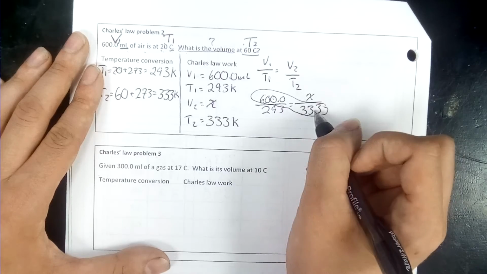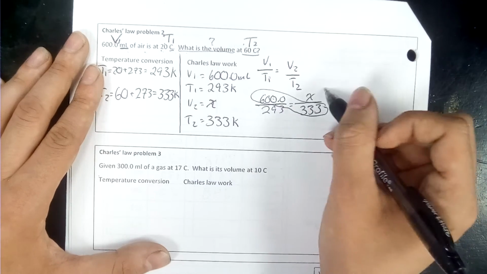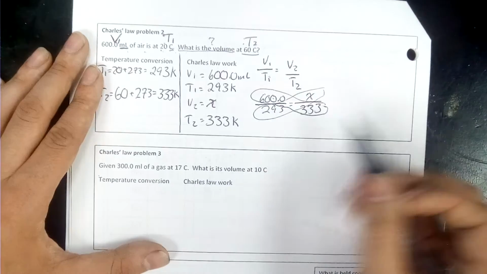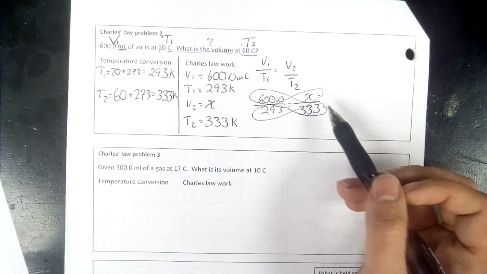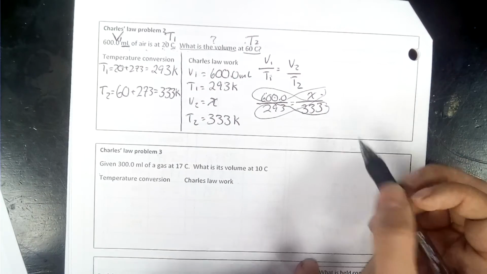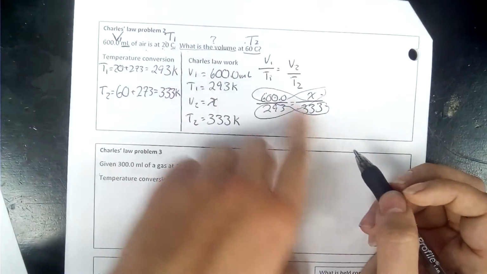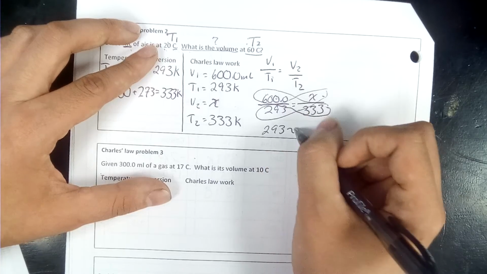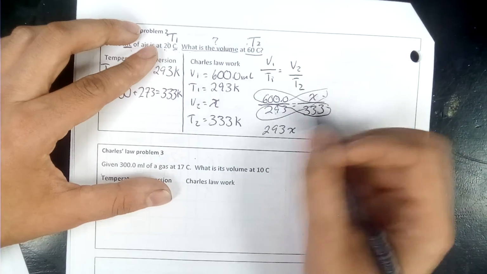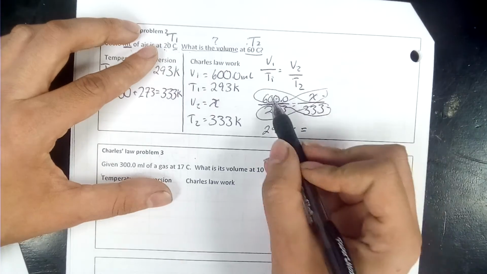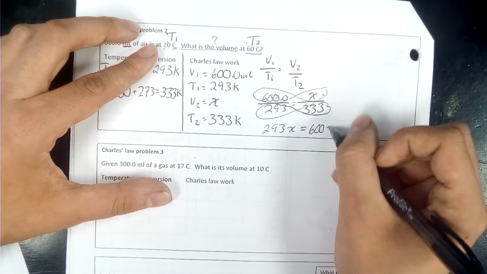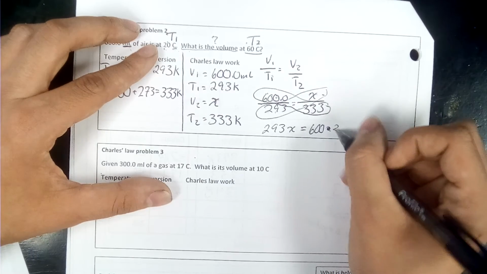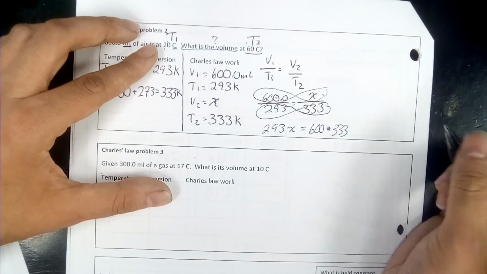You multiply the top of one with the bottom of the other, and same here. I always make it a habit of putting the X on the left and everything else on the right. So we would have 293x, because we're cross multiplying, equals 600 times 333.